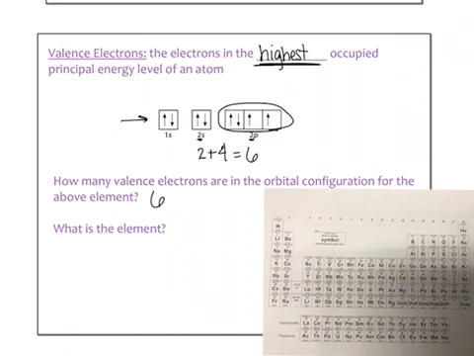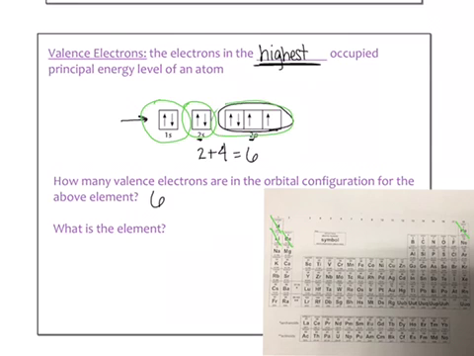And the other thing we can figure out is what element it is. And so one way to do this is to look at your periodic table and say, all right, here we have 1s and there's 2 electrons. So here's 1s1, 1s2. Then we move to the 2s, and so we have 2s1, 2s2 for the 2 electrons there.